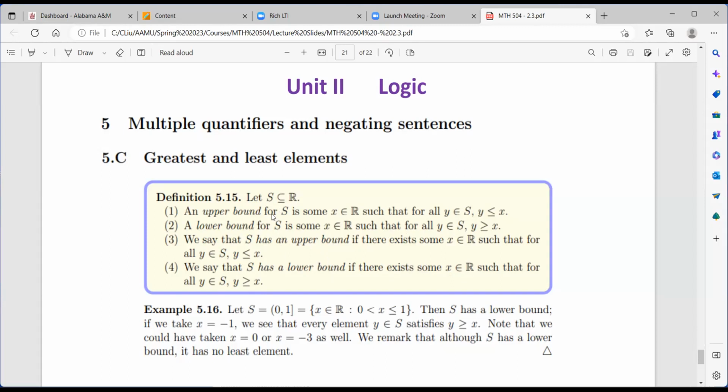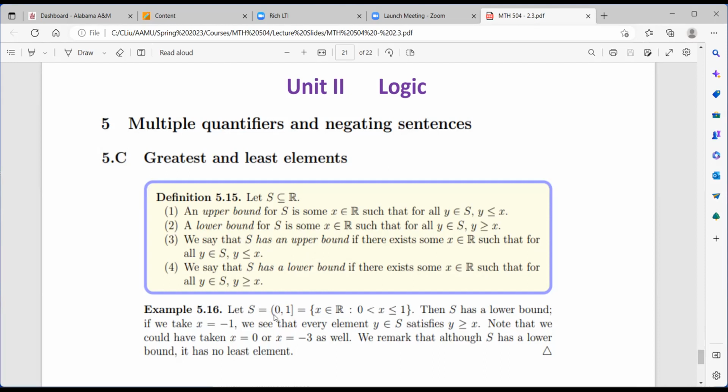So the first two definitions just define upper bound and lower bound. Then the other two definitions just tell whether there is an upper bound or lower bound. Okay, just like we did for the greatest and least elements. There's a little difference between those definitions. Okay, for example, let's say S is the set of numbers between 0 and 1, including 1, but not including 0.